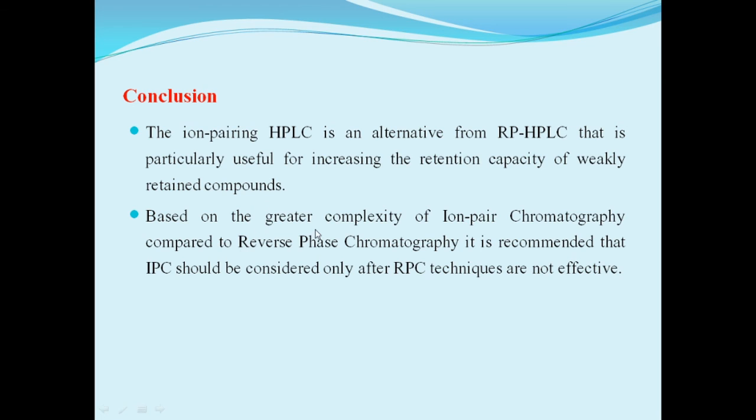Based on the greater complexity of ion pair chromatography compared to reverse phase chromatography, it is recommended that IPC should be considered only after reverse phase chromatography techniques are not effective. If RPC techniques are not effective, then IPC should be considered.